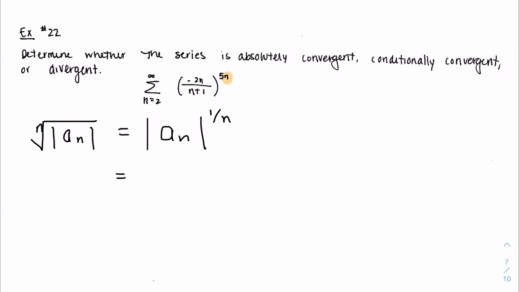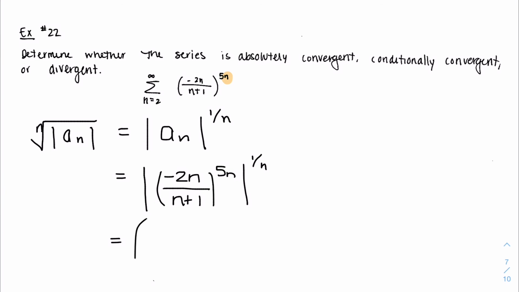Okay. So we're going to take the absolute value of negative 2n over n plus 1 to the 5n, and then we're going to raise that to the 1 over n power. Okay. So you can always bring that absolute value inside those exponents, so we can kind of switch these. This is the absolute value of negative 2n over n plus 1 to the 5n power, and then raised to the 1 over n.